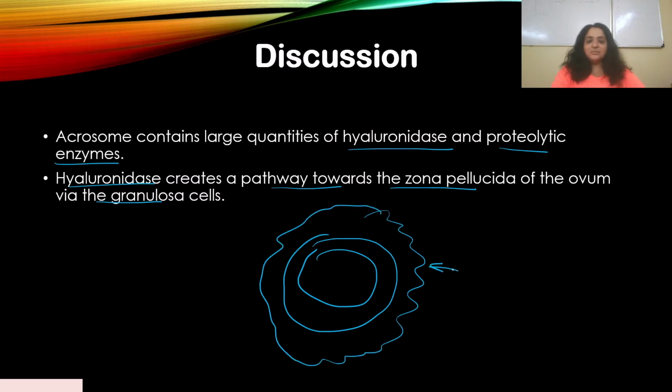So the sperm has to first penetrate through the granulosa cells, then go via the zona pellucida. For that, there are some enzymes present in the acrosome which allow this penetration to take place.